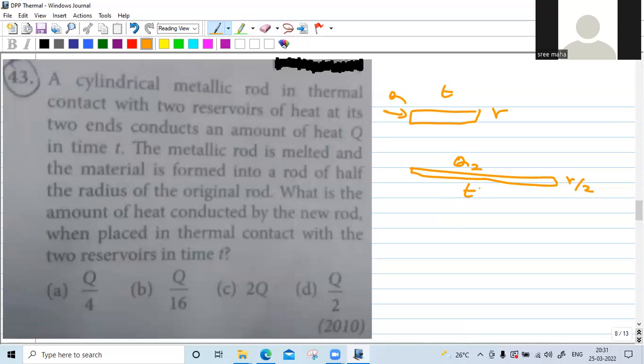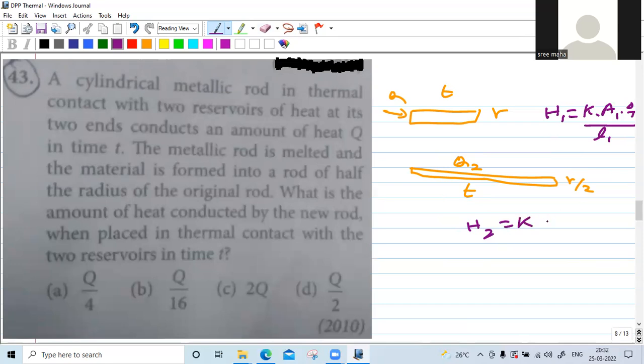So you have to get the expression for heat current. In the first case, heat current is what? H equals K A1 delta T divided by L1. The temperature difference is the same, right? So this is H1. Similarly H2 equals K A2 delta T by L2.